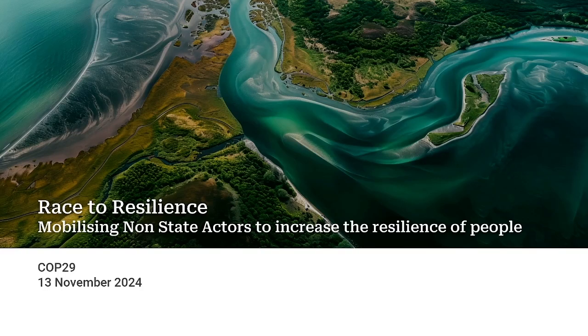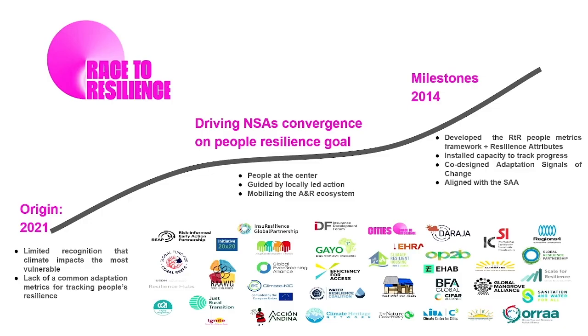on climate action. So this is a campaign that was launched in 2021, and perhaps we can start already with the next slide. Thank you. Which is the Race to Resilience, launched in 2021, specifically with the opportunity to respond to a context that we know very well.